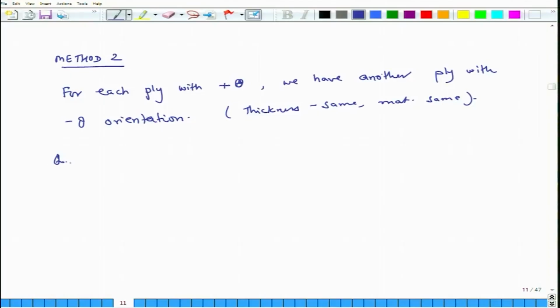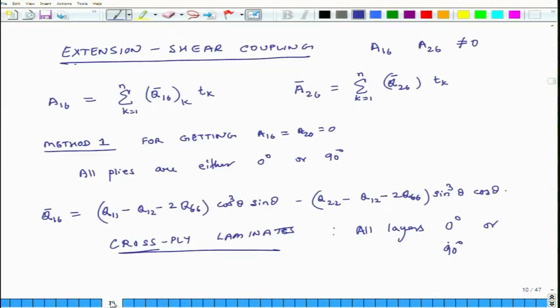Q16 for positive theta degrees will be, let us say, some number C1, and Q16 bar for the negatively oriented ply will be minus C1. Why? Because you look at this relation, if theta becomes negative theta, it is an odd function in theta.